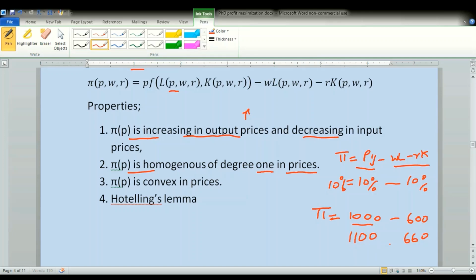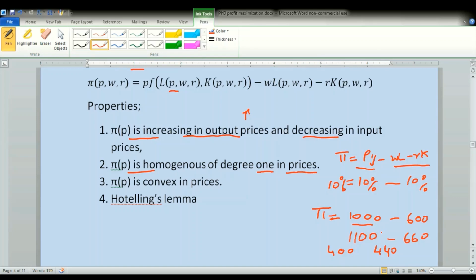Now it is 1100 minus 660, which is equal to 440. So see that profit increases from 400 to 440.